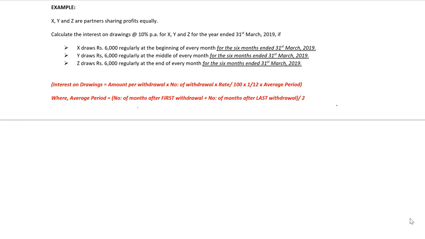The formula is given for interest on drawings as well as average period. Now the difference between this sum and the sum which we did previously is that in the previous sum the amount was drawn regularly every month for the first 6 months of the year, whereas here it is for the last 6 months of the accounting period. Accounting period remains the same.